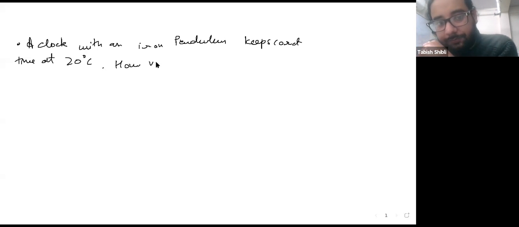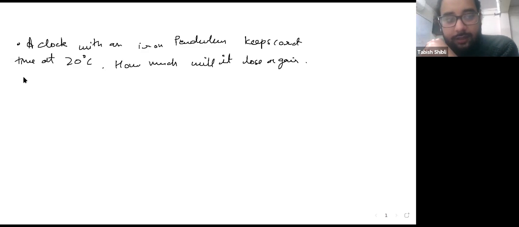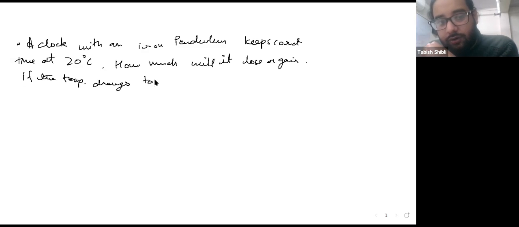How much will it lose or gain if the temperature changes to 40 degrees Celsius?